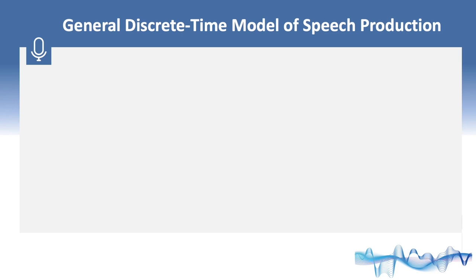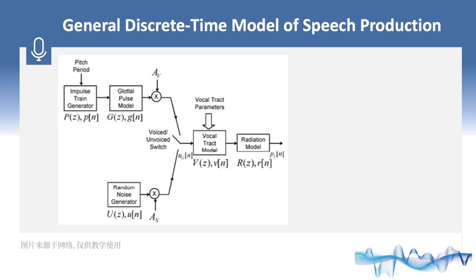Firstly, we will have a brief review of the general discrete time model of speech production. The short segment of speech can be modeled as having been generated by exciting an LTI, linear time invariant system, either by a quasi-periodic impulse stream or a random noise signal.